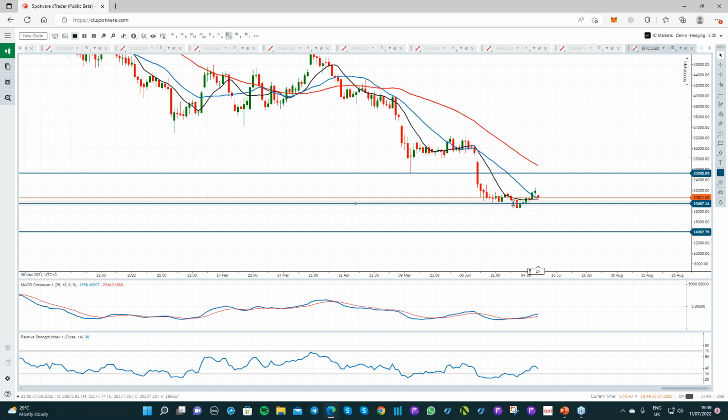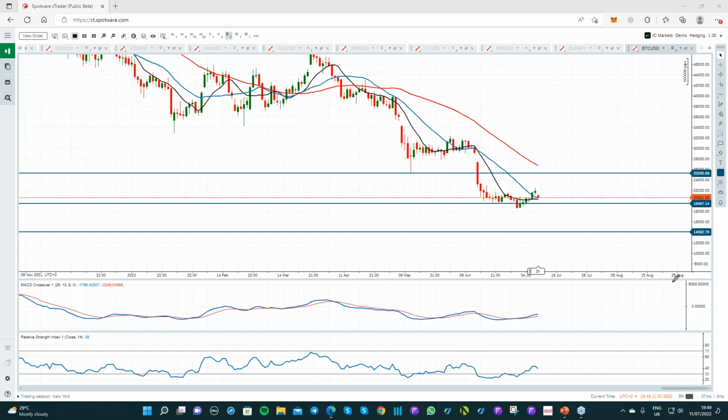So yes, we could trade the range, basically from these lows down here up to the top of the range, i.e. the next level of resistance up. However, what I see currently on Bitcoin is an overwhelming downtrend, and so I would be quite reluctant to trade long on this unless I see a change in price action.